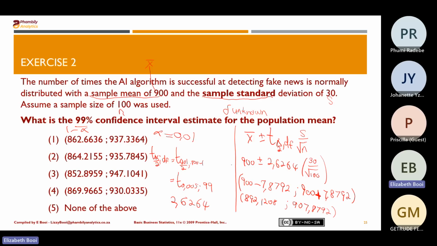I guess maybe the options given here, they used the wrong critical value. They used the z critical value to find this.